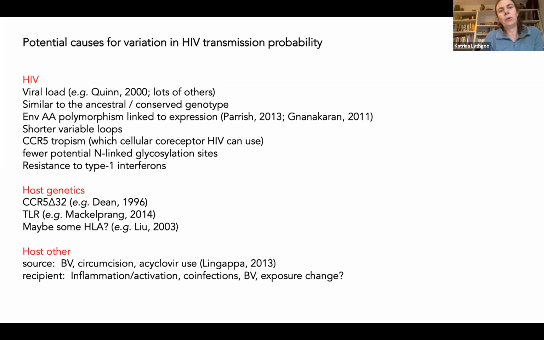So if you've got one particular HLA type, then you may be protected from viruses with particular CTL susceptibility. We know that there's other host factors that are important in prevention, including circumcision and other such things. Inflammation, co-infection, and so on and so forth.